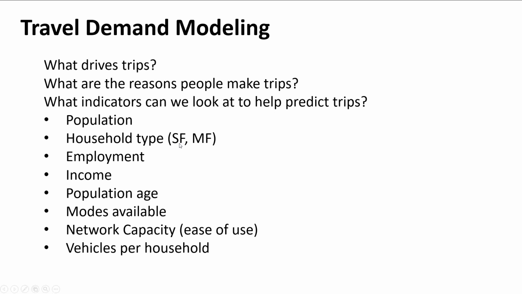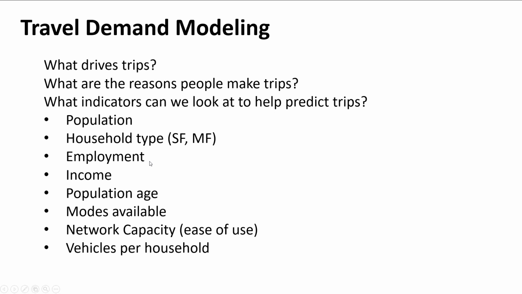Household type: is it single family or multifamily in the households? And so what's the density, right? Multiple unit apartment buildings are going to drive many more trips because they have a higher density, right? If it's a bunch of single family homes, that's fairly low density. You're going to have fewer trips. What's the employment like in the area?